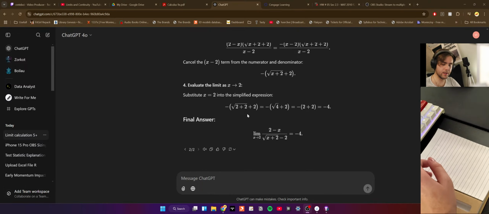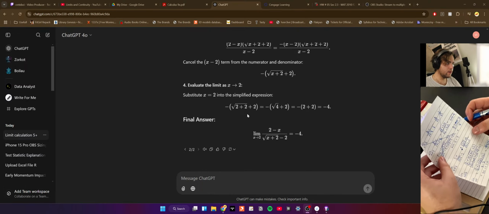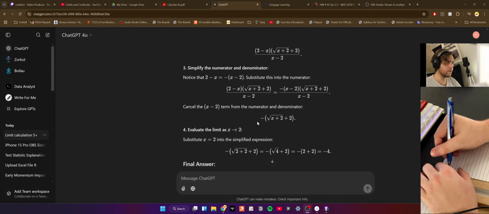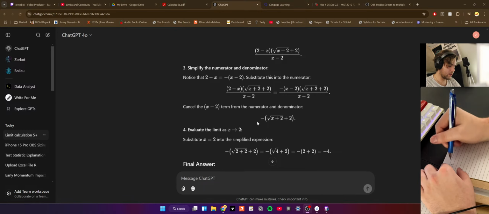I'm going to rewrite this last part of the equation. So we took 2 minus x times square root of x plus 2 over x minus 2.